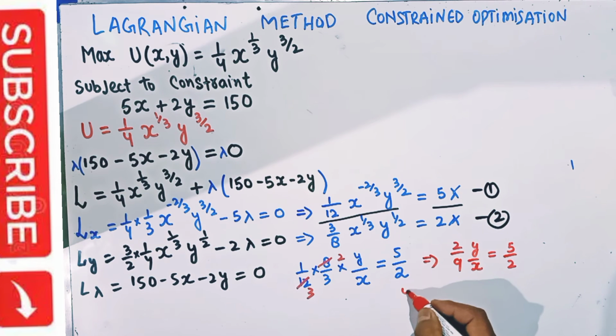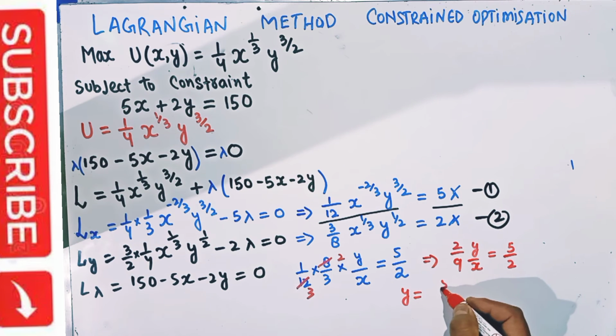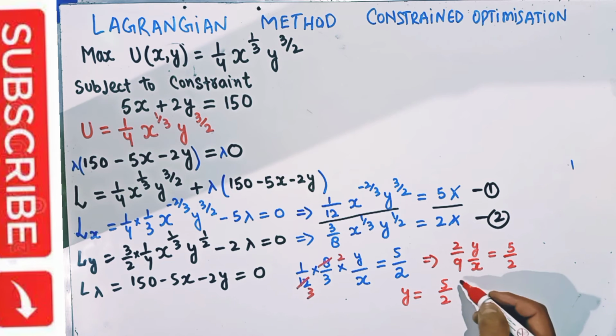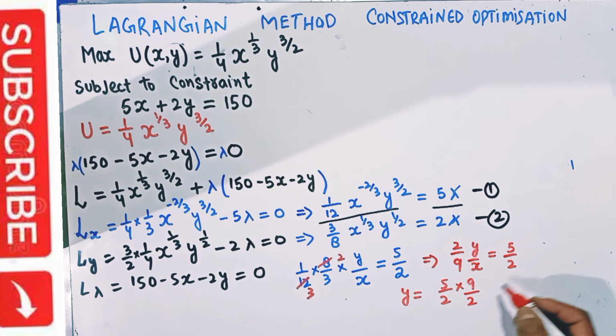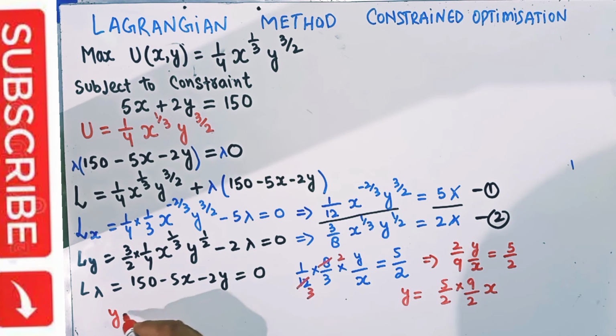Solving for y, that gives us y will be equal to 5 upon 2, transposing this, it will become 9 upon 2, and transposing this, it will get multiplied. That gives us y will be equal to 45 upon 4x.